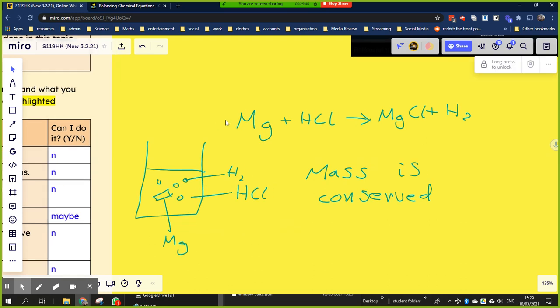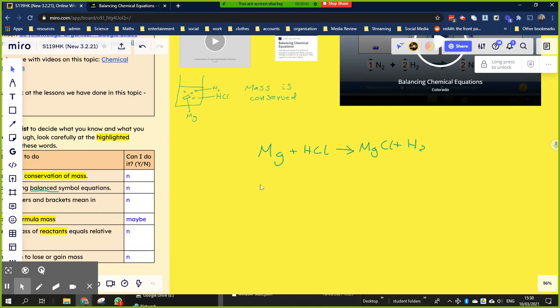So let's just look at this equation. Magnesium plus hydrochloric acid goes to MgCl, then H, and then we've got this 2. So what does this 2 mean? It means it's got 2 hydrogens.